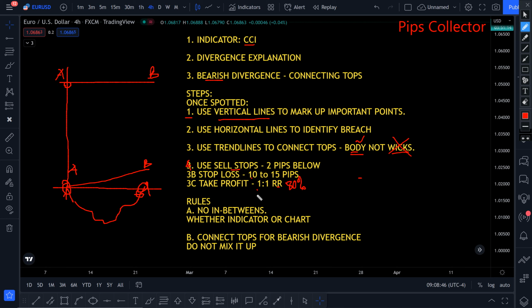At 1:2 you close half of the remaining position. So let's say the original is 1% of your open trade; at 1:1 you close 80%.